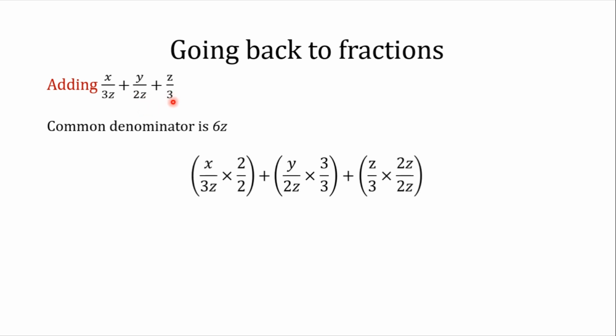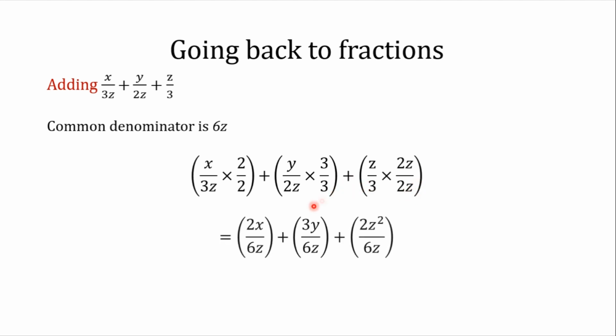So again, we're going to multiply by 1. That's x over 3z times 2 over 2, plus y over 2z times 3 over 3, again that's just 1, plus z over 3 times 2z over 2z.